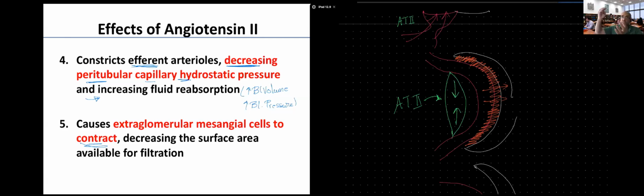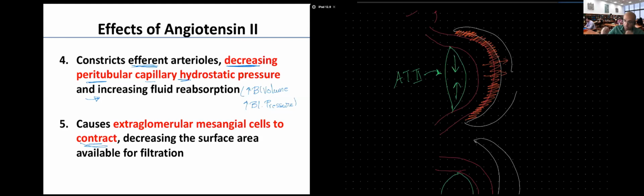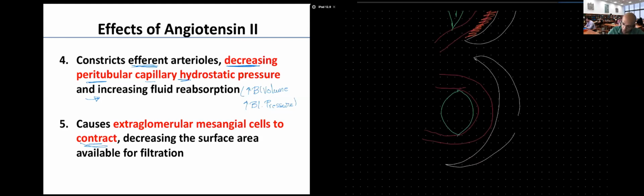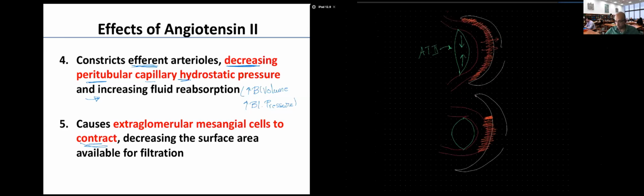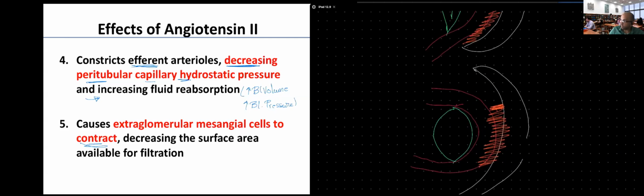When I contract the extraglomerular mesangial cells, pulling the capillaries away, what happened to the surface area available for filtration to take place? Is it larger or smaller now? It's much smaller. So you see here, I have less surface area available for filtration to take place.